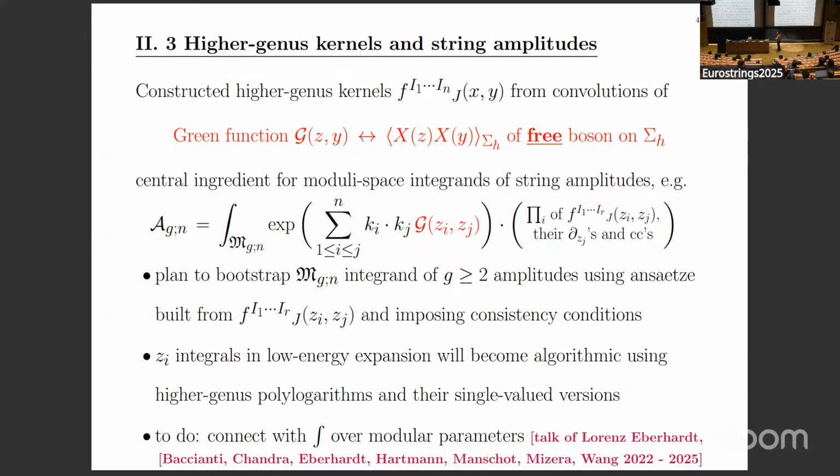So since the F tensors and G kernels appear naturally from fermion correlators, we expect that everything else in the integrand for string amplitudes is expressible in that language. And there are also some selection principles up to how many indices you need to go once you fix the genus, once you fix the multiplicity.